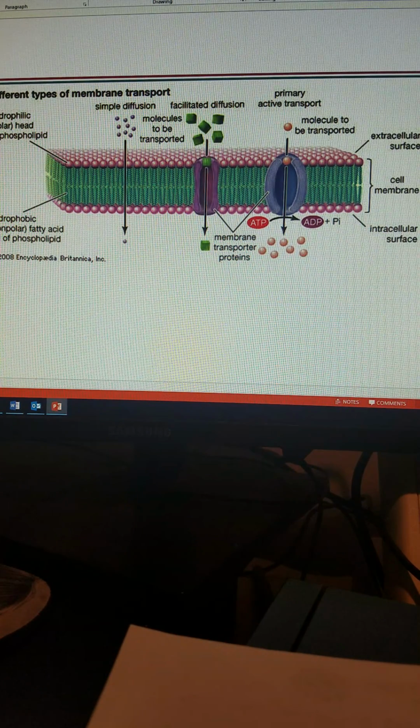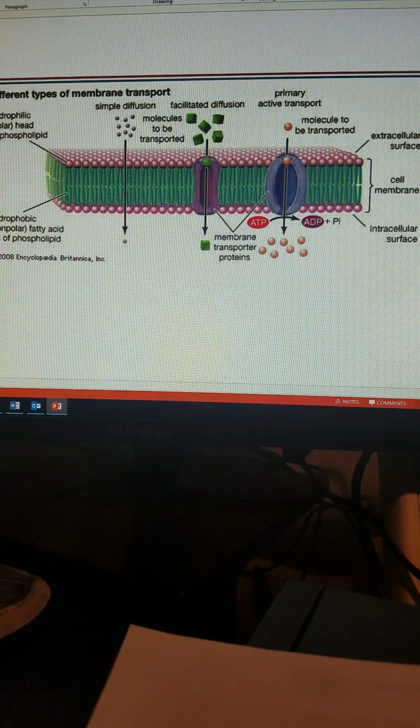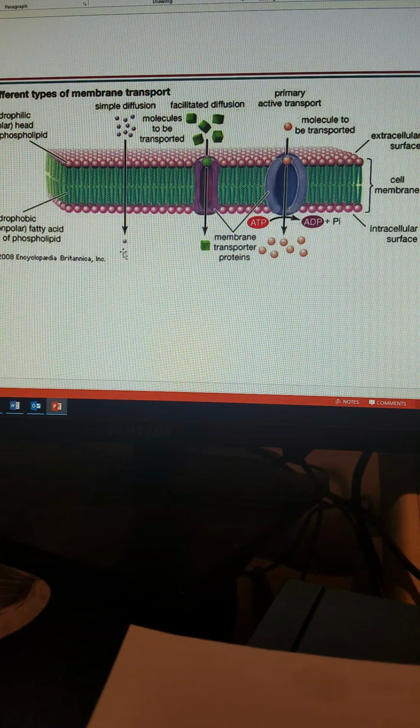So now we'll go through the different types of membrane transport, and we do have simple diffusion, facilitated, primary active transport, and we'll talk about all these in great detail and what they mean. So simple diffusion, as you see on this PowerPoint slide here, does not need energy and is able to pass through the cell membrane quite easily.